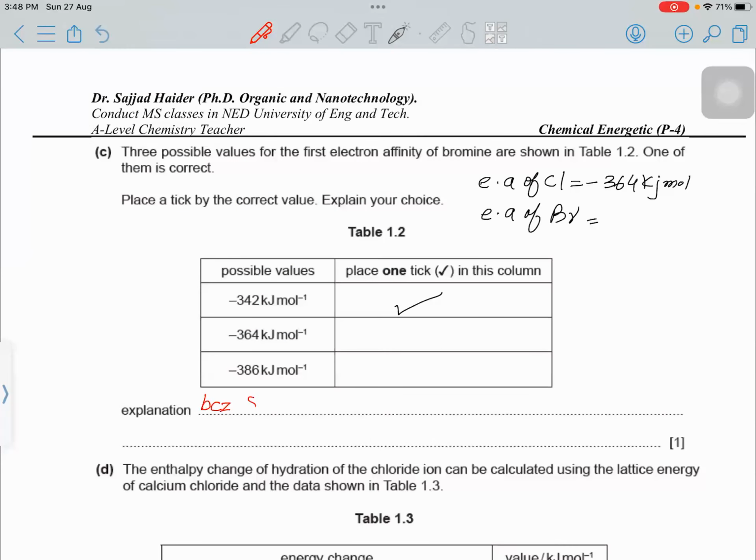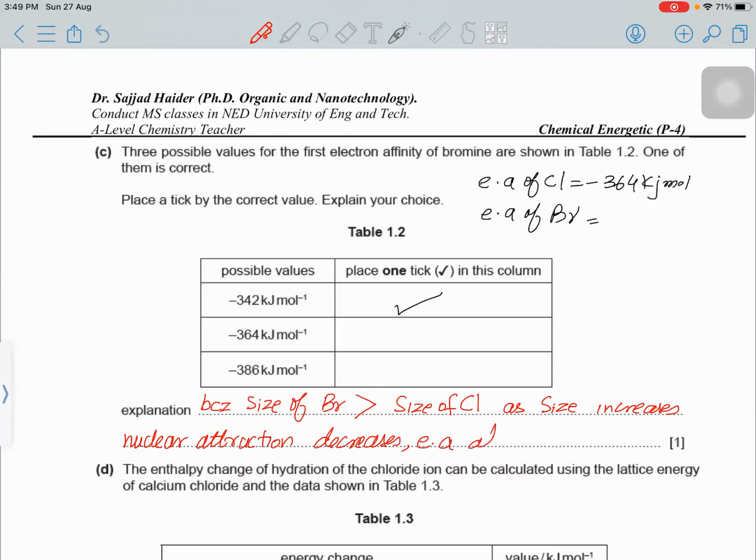Because size of bromine is greater than size of chlorine. As size increases, nuclear attraction decreases.